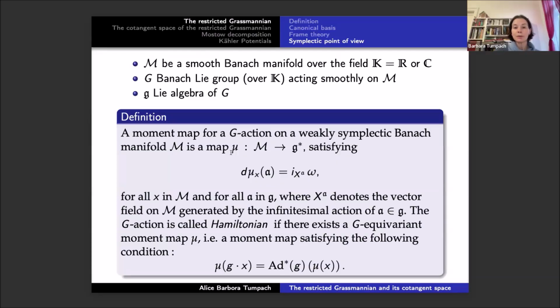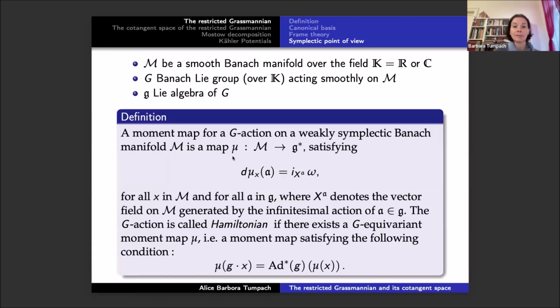So this moment map mu from M to the dual space of the Lie algebra of G can be related to an action of G. So G acts on M on one hand, and G acts also on the dual space of its Lie algebra by the coadjoint action.